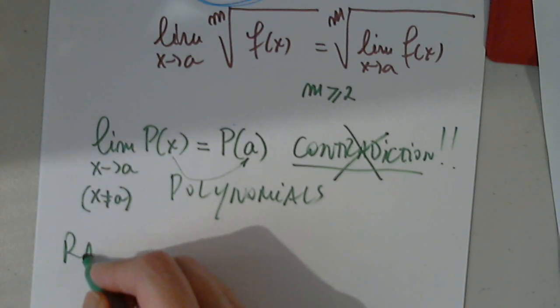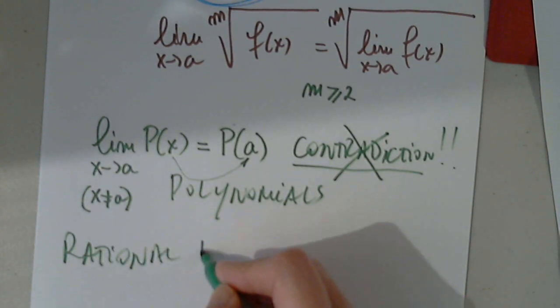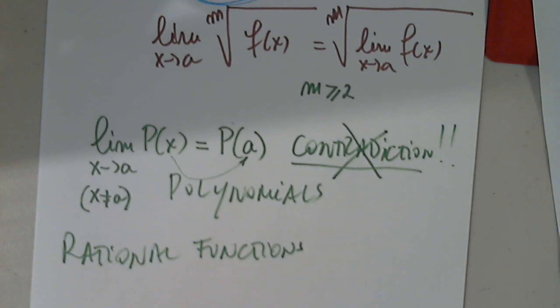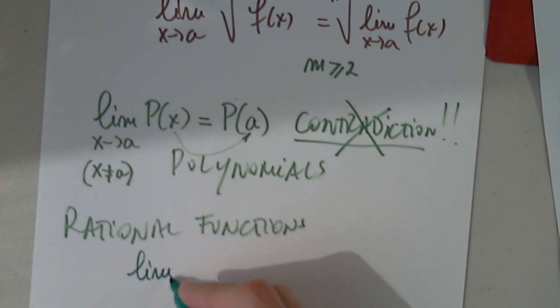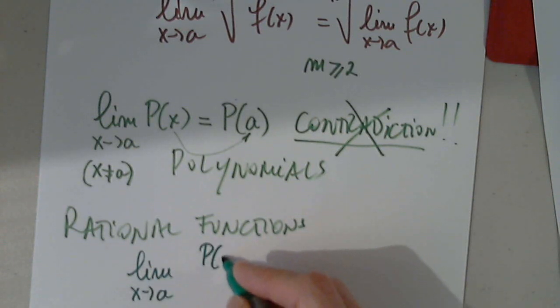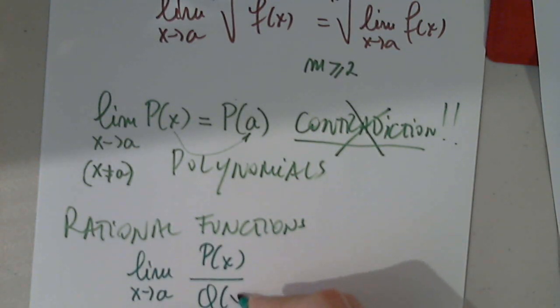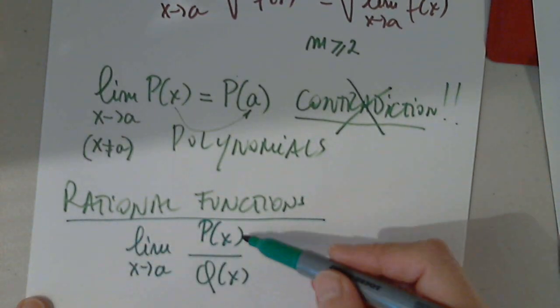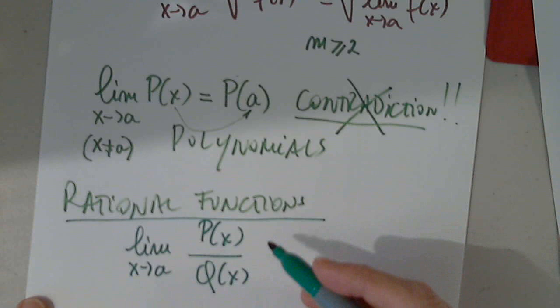Also for rational functions, we can do the same thing. So if I have a limit as x approaches a of a polynomial divided by another polynomial, p of x over q of x, this is a rational function, a polynomial divided by another polynomial.